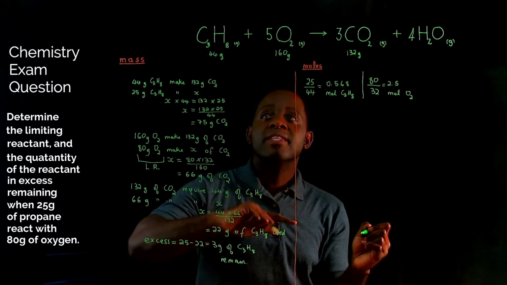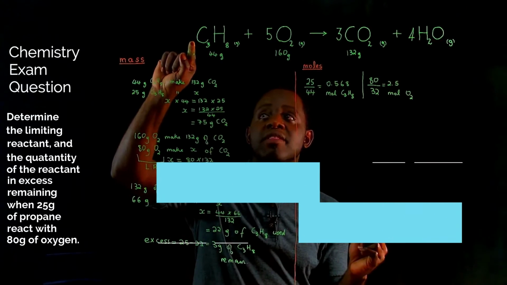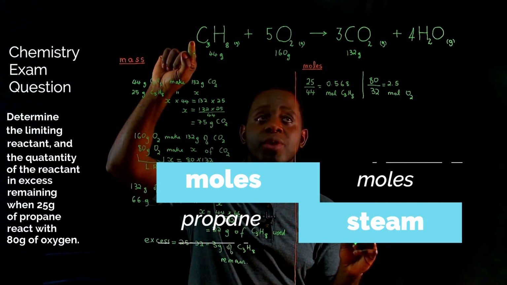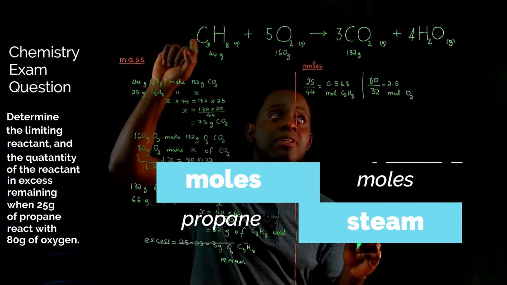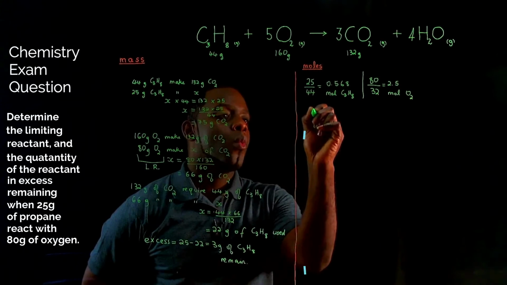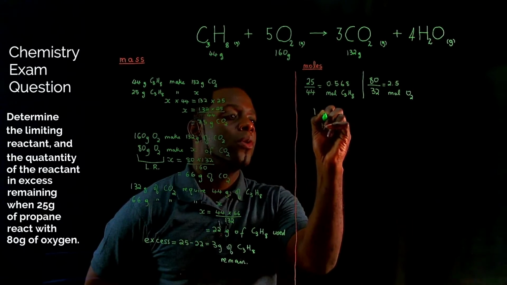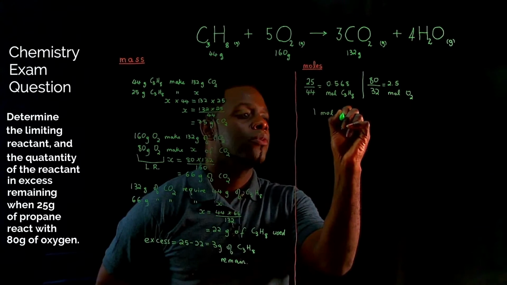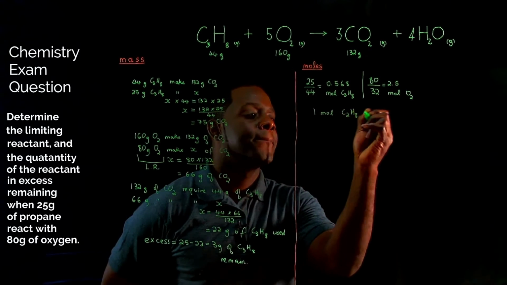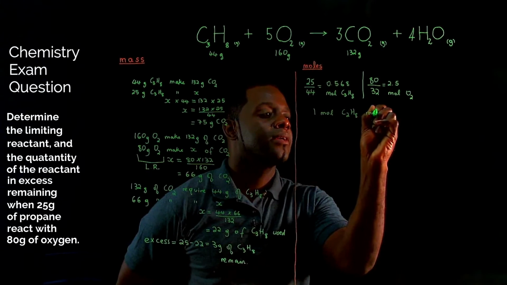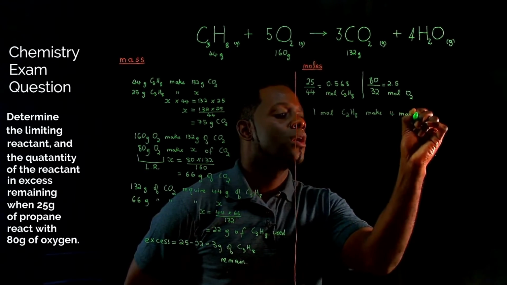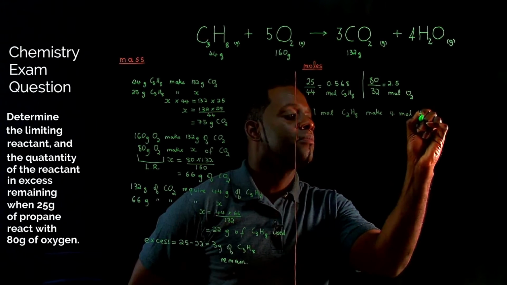Let's now relate the number of moles based on the given amount in the balanced chemical equation for propane to steam. So 1 mole of propane will make 4 moles of steam.